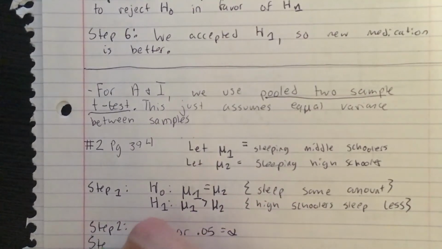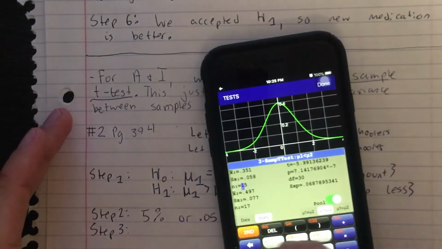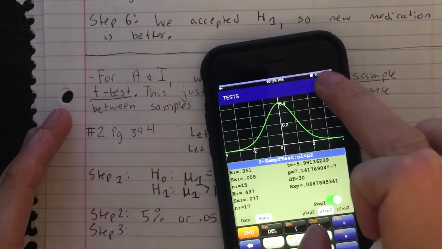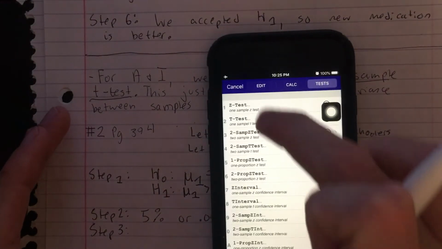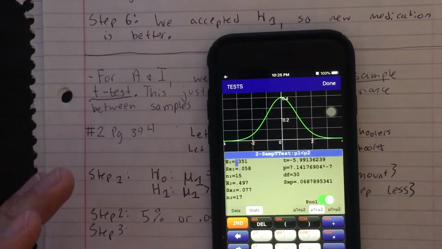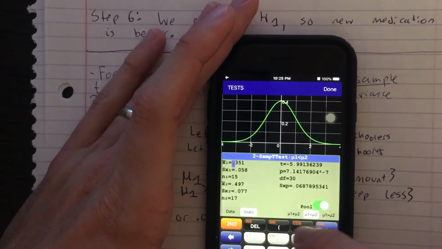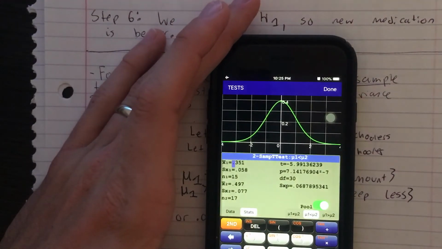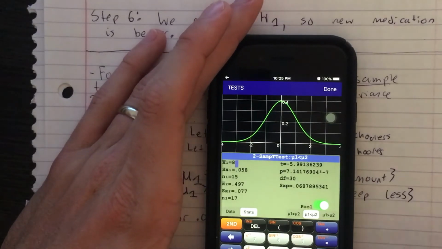The next thing that we've got to do is calculate that test statistic. So again, I'm going to go to stat over to test. We're going to go to a 2-sample t-test, not a z-test, and we're going to punch in the information from the problem. The mean for middle schoolers was 8.